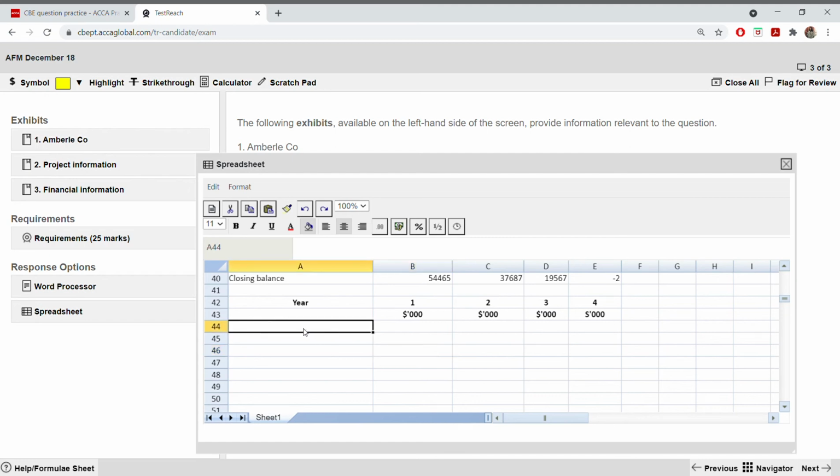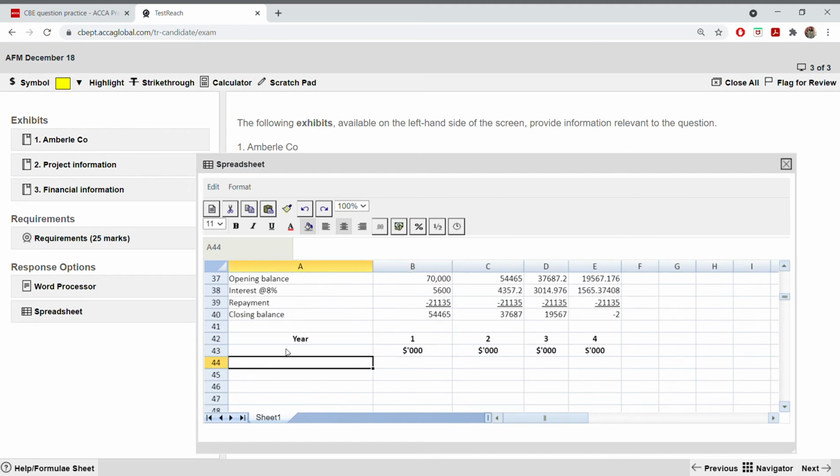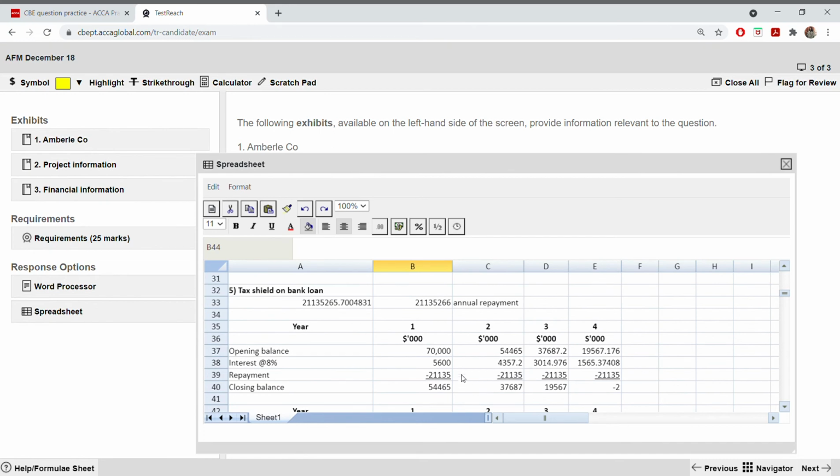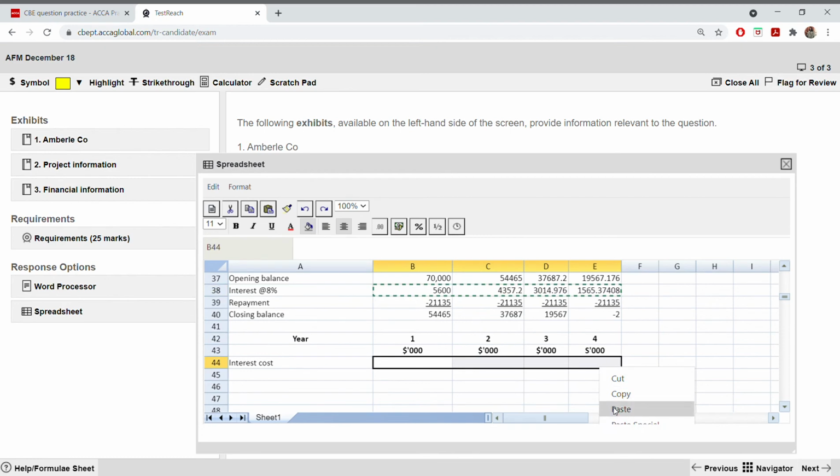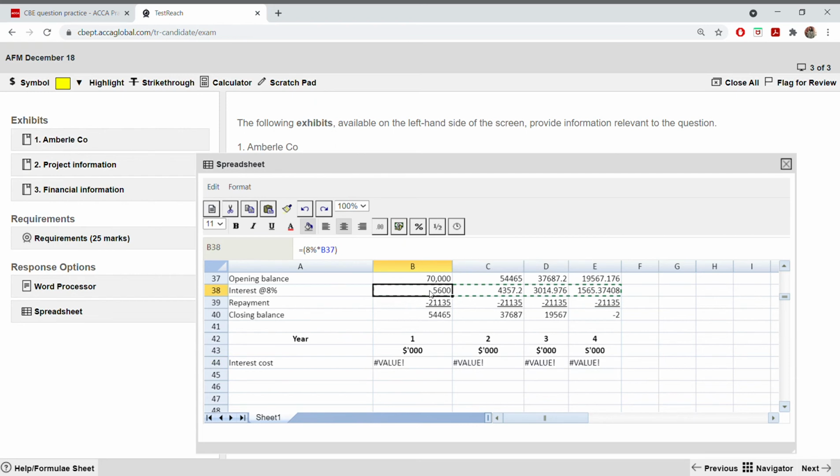So interest cost, how much is the interest cost? It will show a value. Why? Because remember, we calculated with a formula. Whenever a function is used in a cell, you cannot just copy paste it. So just undo. It's better.